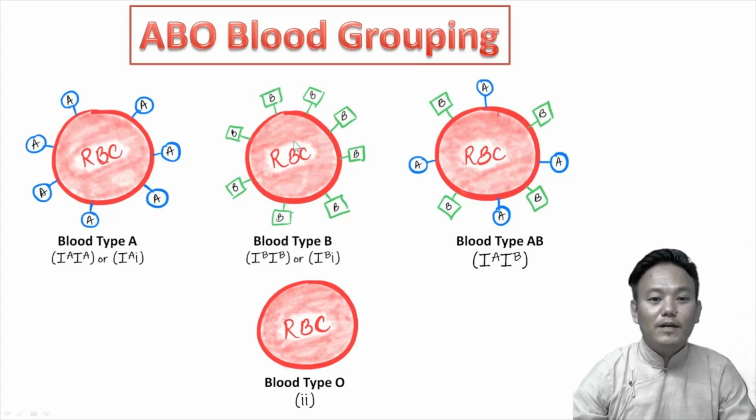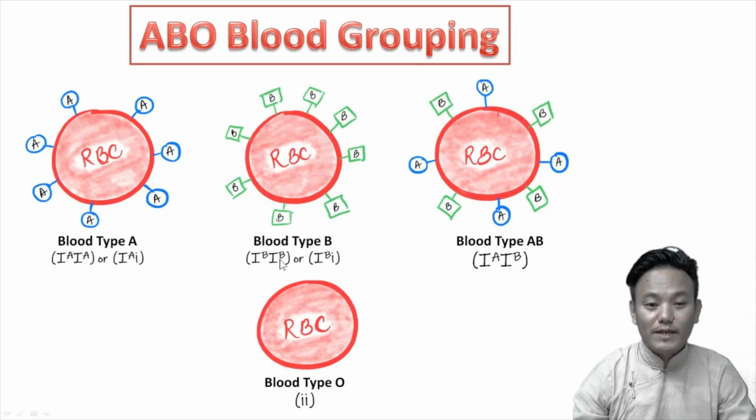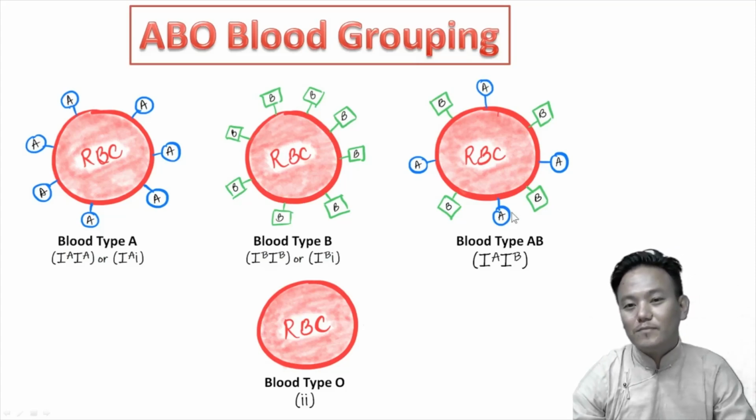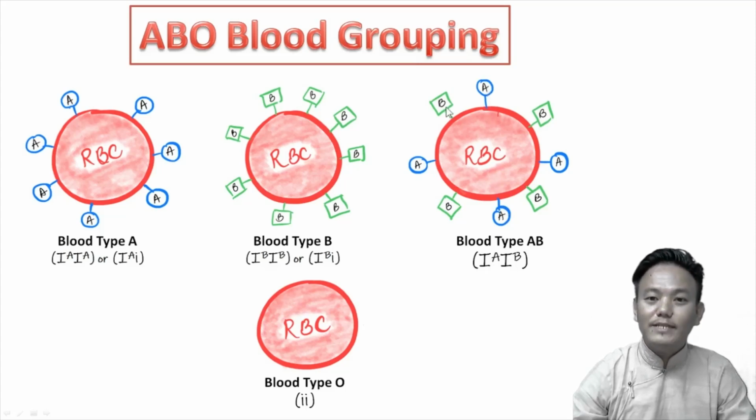Similarly, this particular RBC has sugar type B. And what are the possible genotypes? IB homozygous or IB along with small i. And IB is completely dominant over small i, therefore the blood group will be type B. In this particular case, you can see on the surface of the RBC both type A and type B sugar polymers are present.